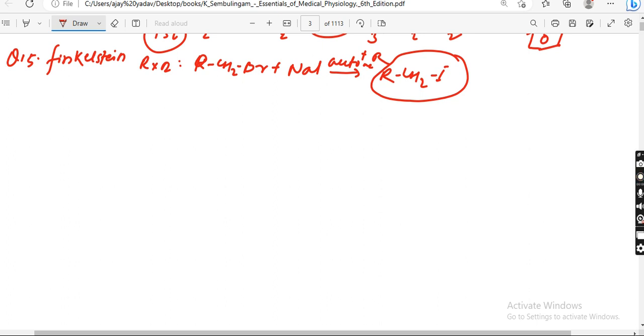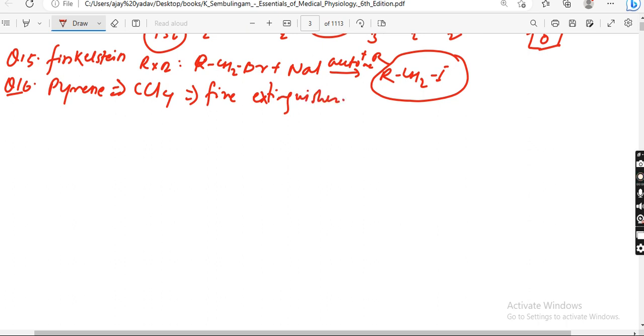Okay, next. Tell me, under the name pyrene, what do we use? That is your CCl4, and this is used as a fire extinguisher.